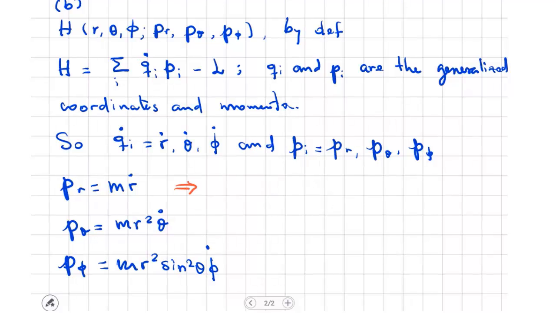Here we clear r dot, which is equal to p_r divided by the mass. What we did here is this term was multiplying, and we moved it to the other side of the equation, and because it was multiplying, it goes to divide on the other side. And the same we do with p_theta.